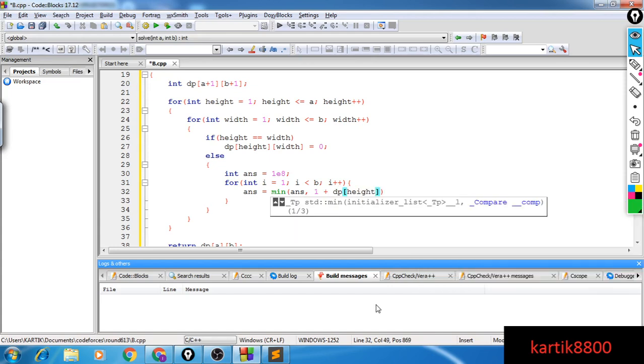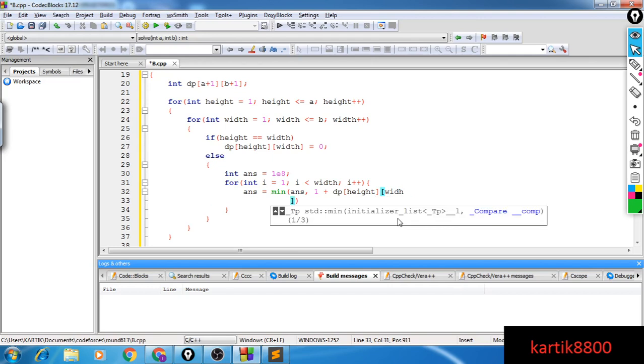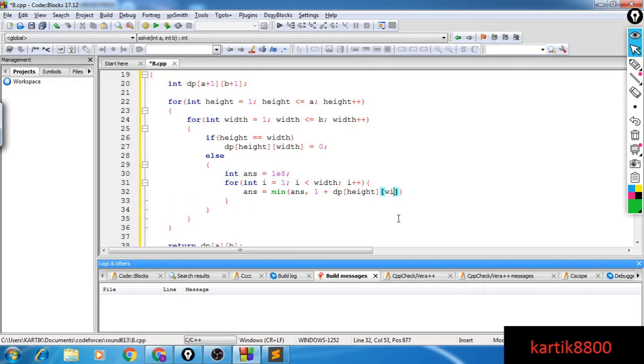One rectangle will have the dimension height cross width minus i, and the other rectangle will have the same height and the width i. So yeah, I've tried all the possible vertical cuts.